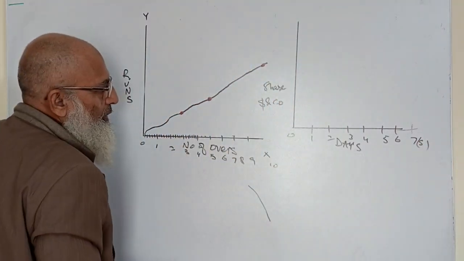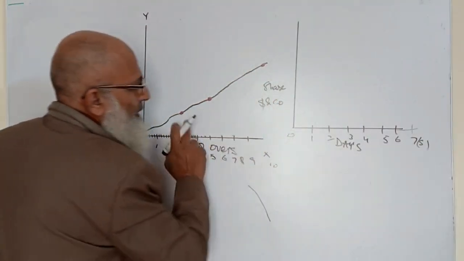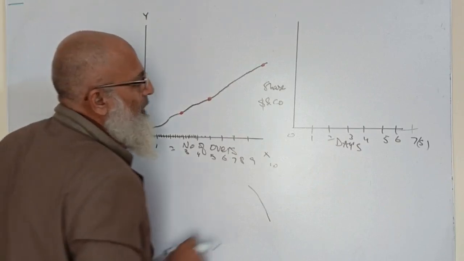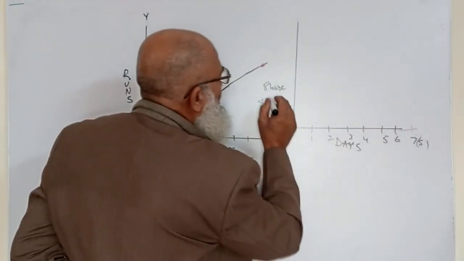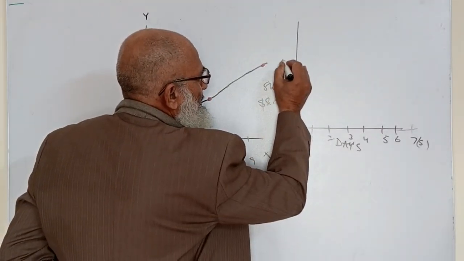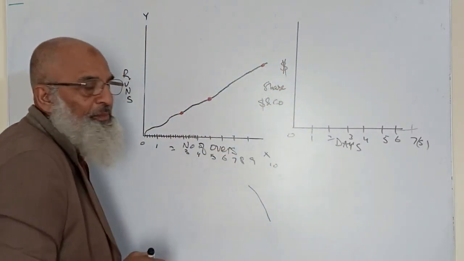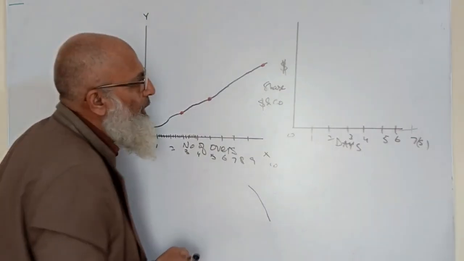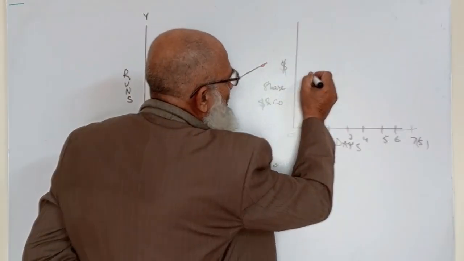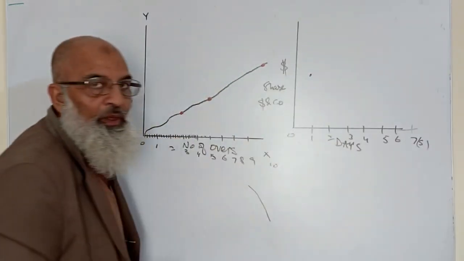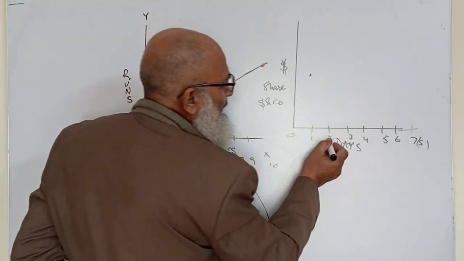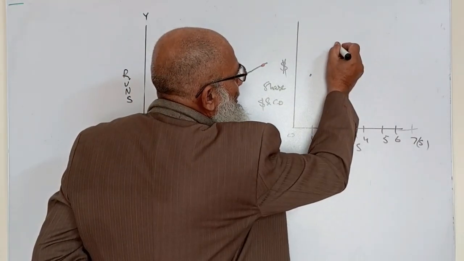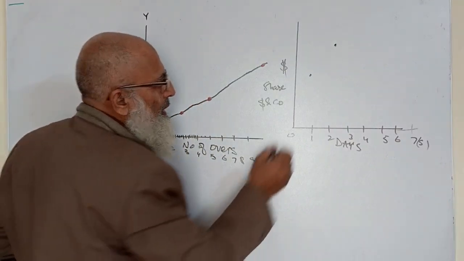Okay. Now you see the share of the company. These are the dollars. These will be measured in dollars. On the first day, the opening day, the share was somewhere here. Then it got a boost. It came over here.